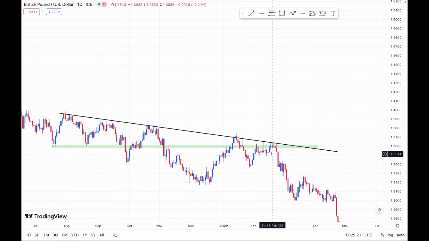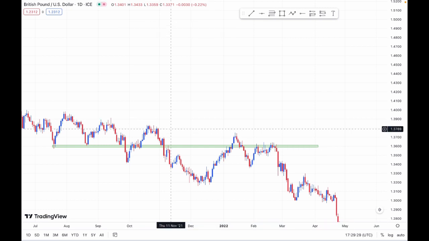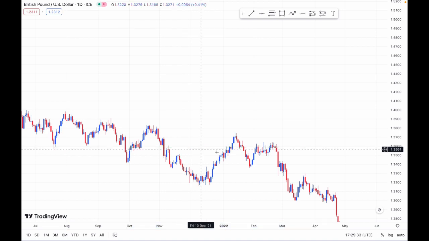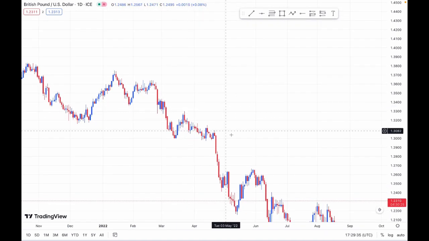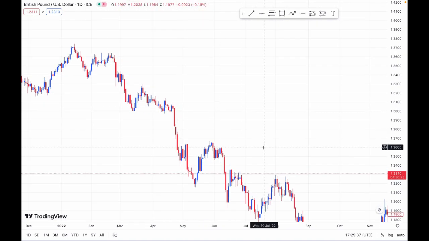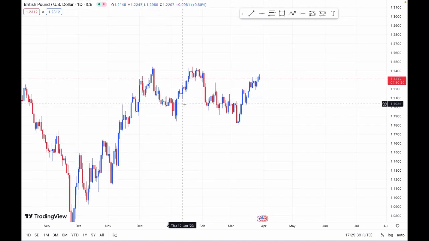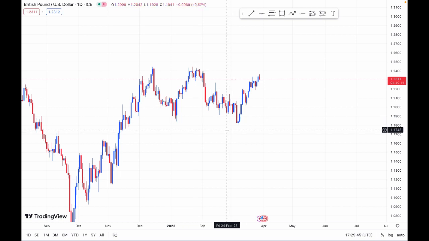Support level became resistance. So what I use trend lines for is to draw rising wedges and to find potential retests of trend lines. Because if you incorporate a retest of a trend line with the retest of a high and low, it becomes very powerful.